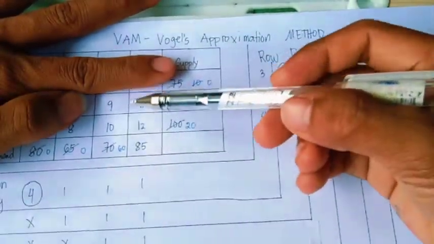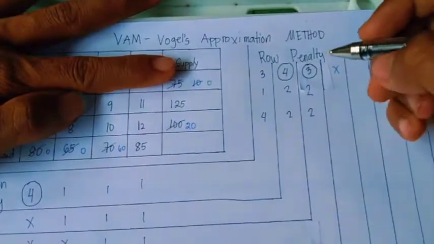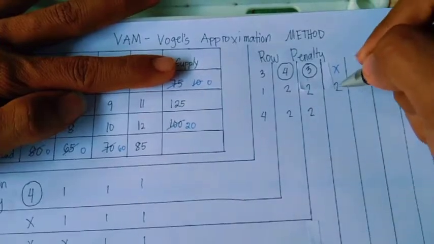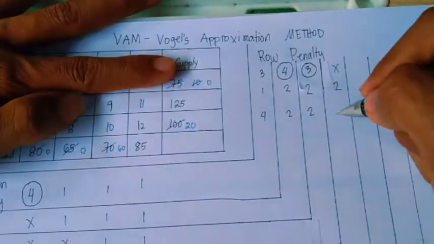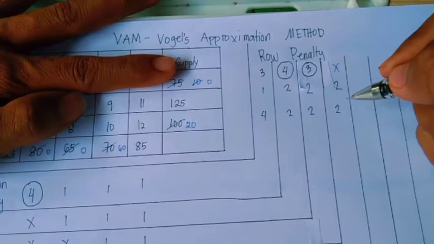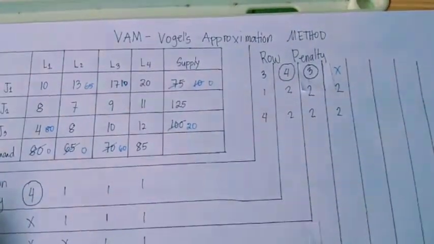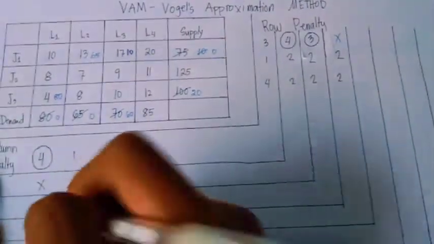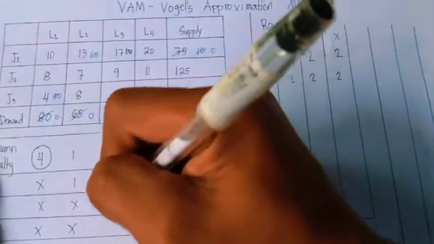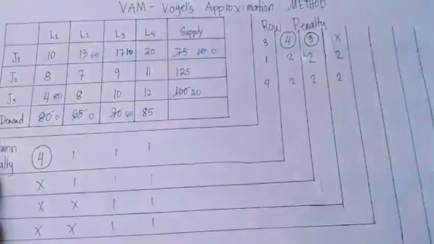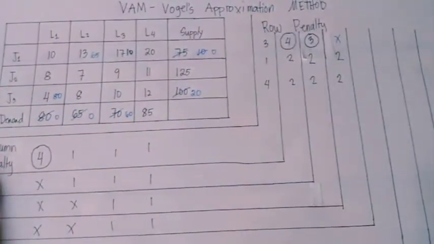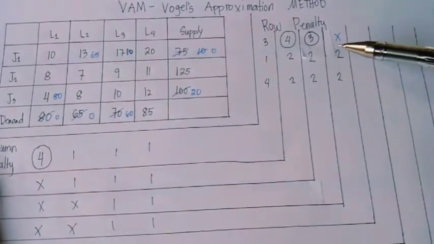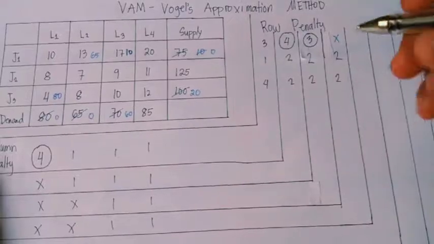The remaining values are 9 and 11. So subtract them, equal to 2. 12 minus 10 is 2, and then 10 minus 9, 1, 12 minus 11, 1. Since there are two greatest elements, we will choose one.